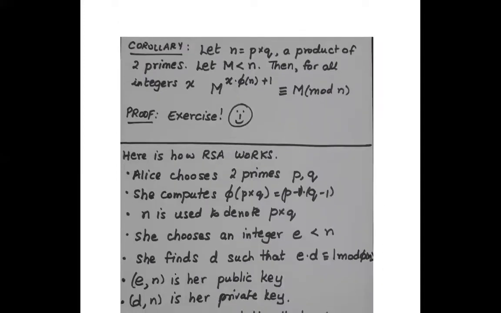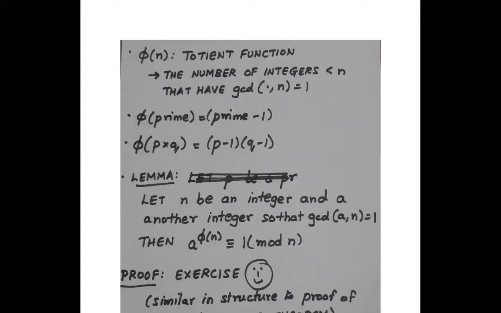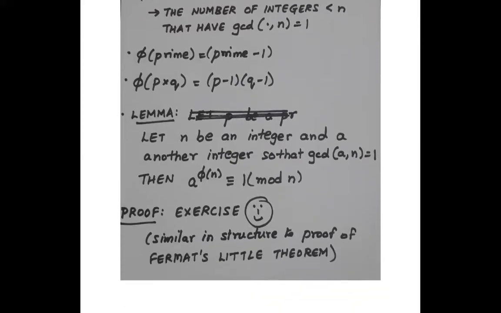Okay, so given that theorem, that is this one right here. Okay, in fact, there is a corollary, a fairly simple corollary to this theorem. Again, I'll leave that proof as an exercise, which is the following.